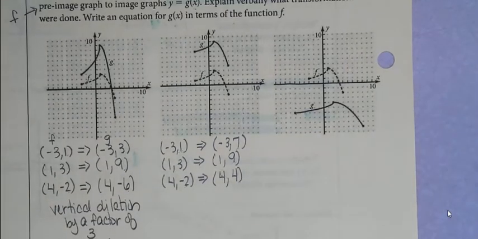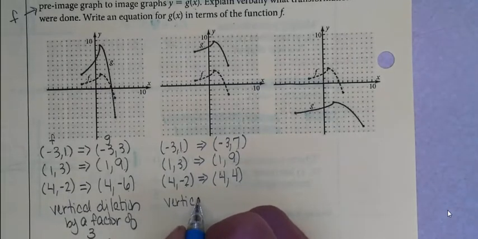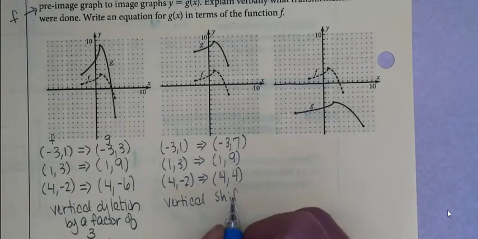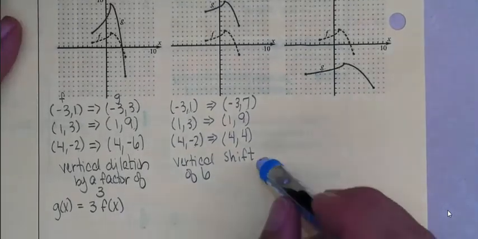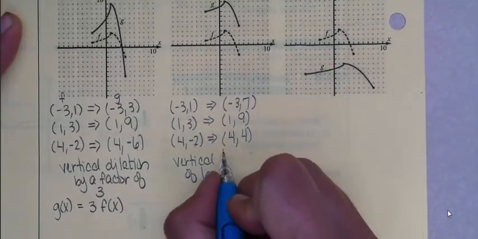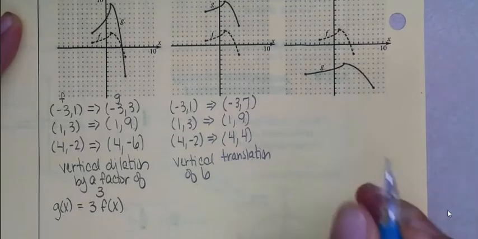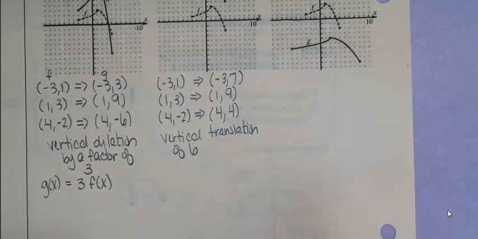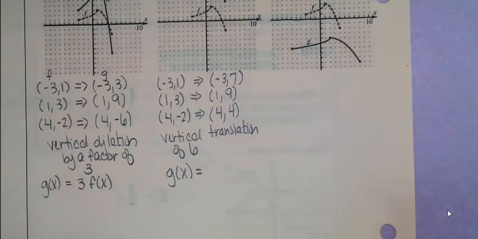So yeah, as a matter of fact, this is a vertical shift of 6. Or I could say vertical, maybe I should use better vocabulary. How about a vertical translation of 6?